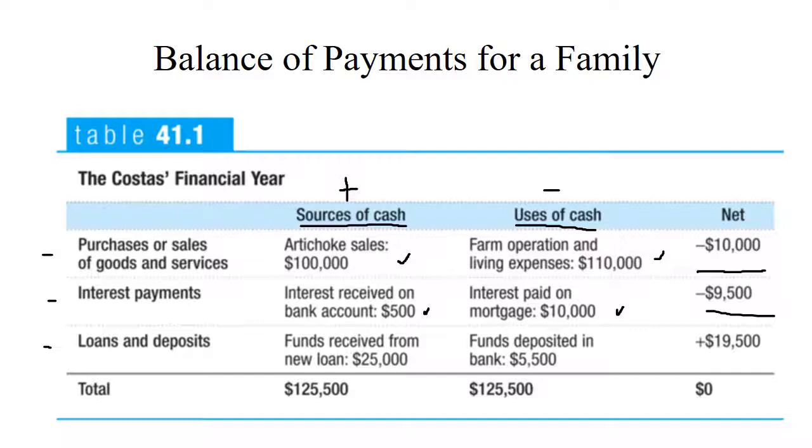Finally, for loans and deposits, they received a new loan, so they have $25,000 coming in from that new loan. This is kind of an in-the-bank category. They also used some of their money to put it back into the bank. They deposited $5,500.